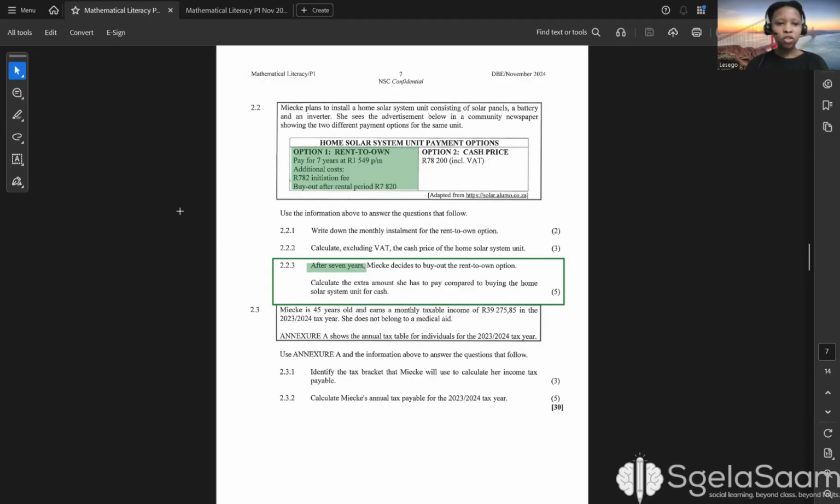Okay, so according to this option, you pay for 7 years, 1,549 Rand per month. We need to find how much she's paid for the past 7 years. So 1,549 for 12 months, which is a year, we need to find out how much that is.